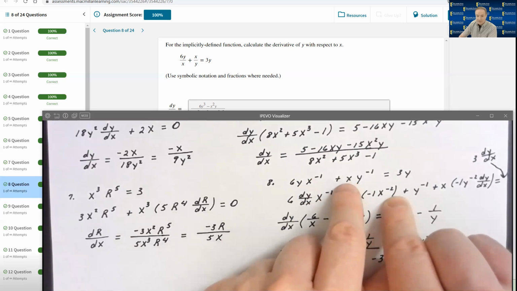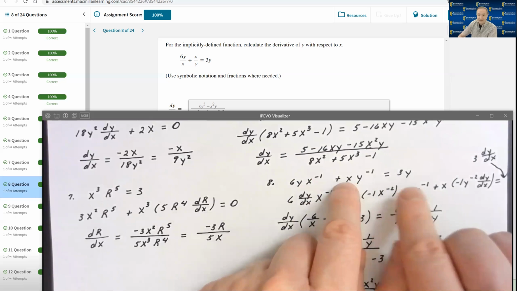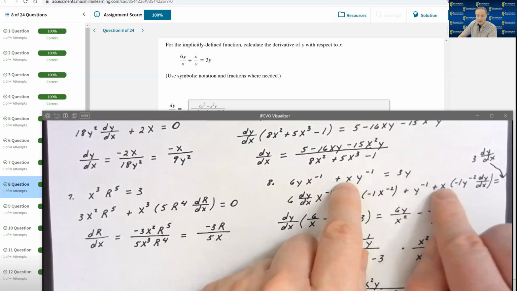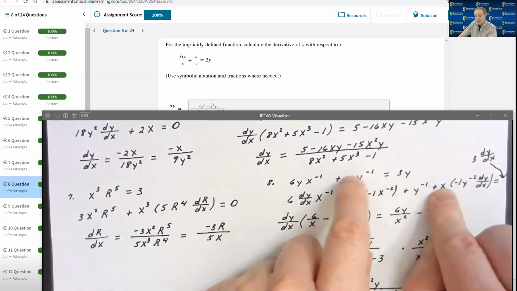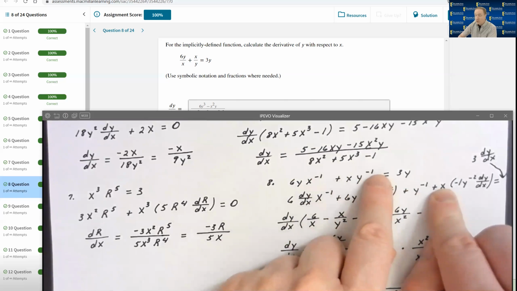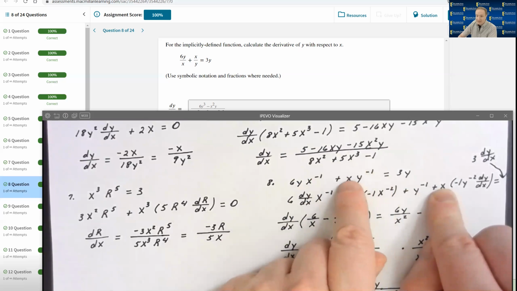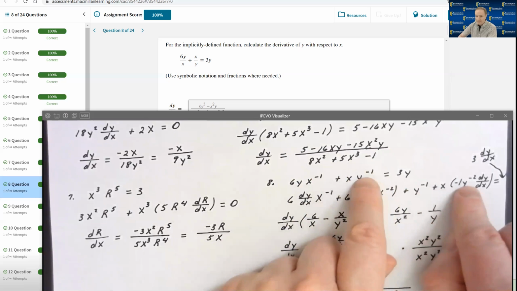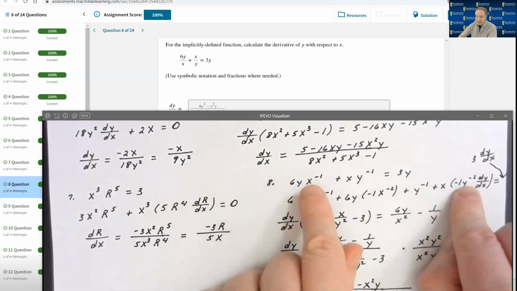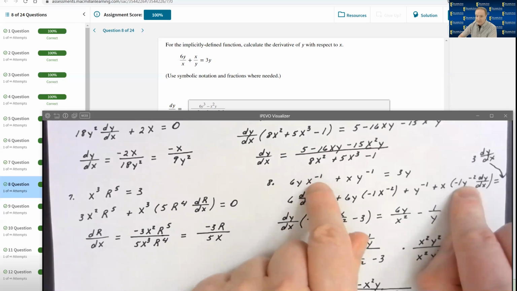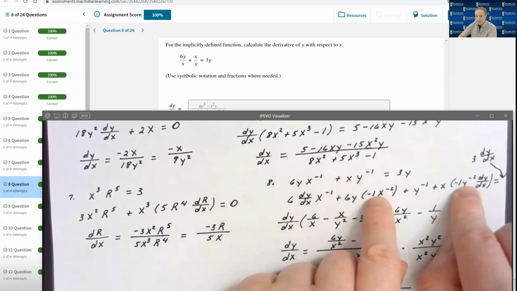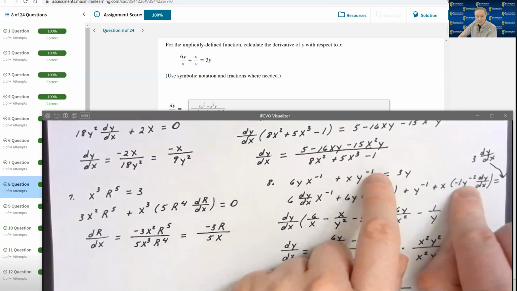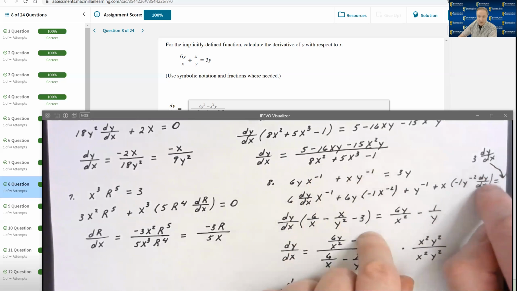Now I go into this term and say, okay, yet again, product rule. Derivative of the first is 1 times the second, plus the first x, now times the derivative of the second. Derivative of y to the negative 1 is going to be negative 1 times y to the negative 2. Now, I need you to make sure you understand the difference in why the derivative of x to the negative 1 was just negative 1x to the negative 2, but the derivative of y to the negative 1 is negative 1y to the negative 2 times the derivative of the inside, which is dy/dx.